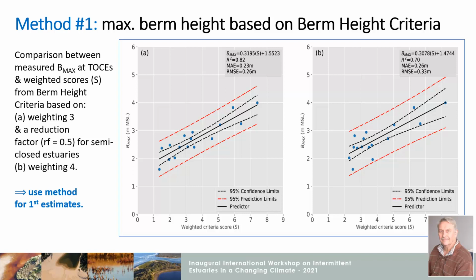So the 2 best ones are shown here. So these are useful as a sort of a first estimate method, which requires very little input data, just requires application of that scoring system and the weightings, the details of which are provided in the paper that's referenced at the end of this talk.